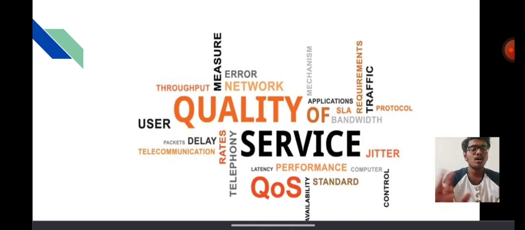Quality of service mainly focuses on measure of error, network and throughput, mechanism, applications, SLA of bandwidth requirements, traffic protocols, and users, packets, telecommunications rates, telephony, latency, and performance standard, availability control, computer control, jitter, etc. These are the main things which quality of service focuses on to ensure a better experience to the user.